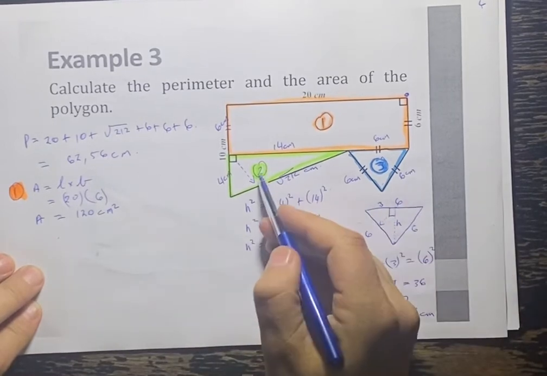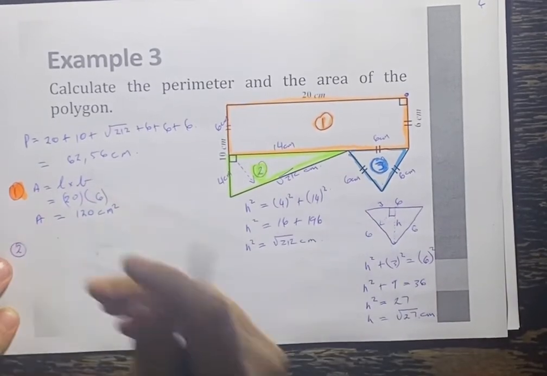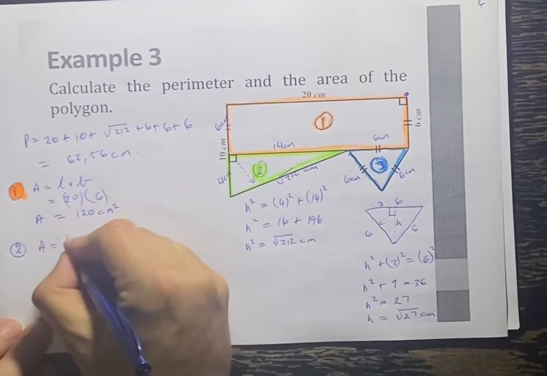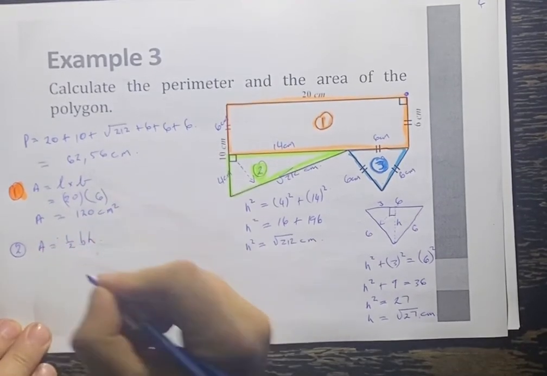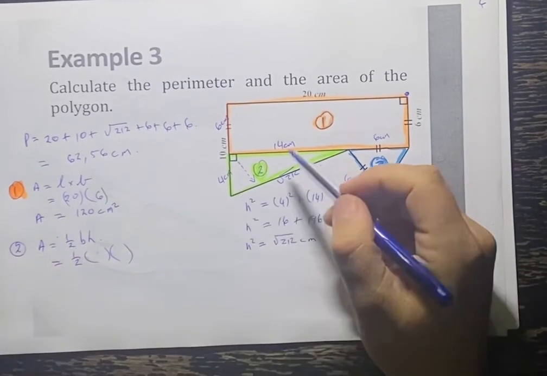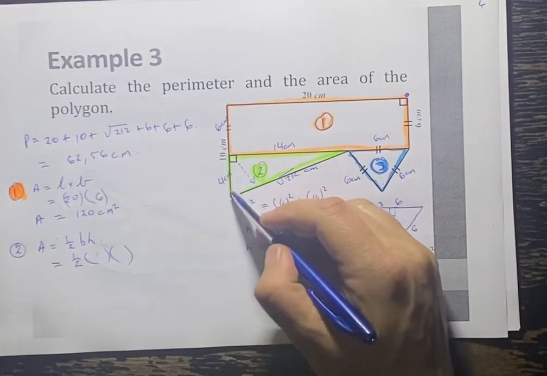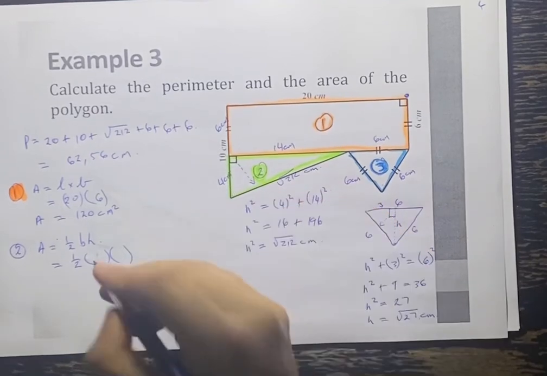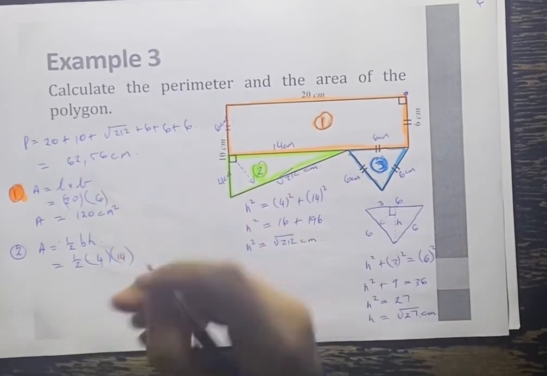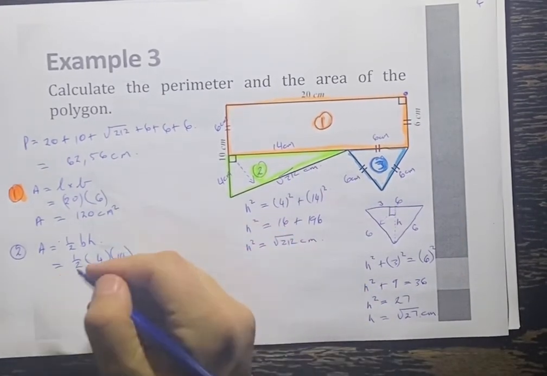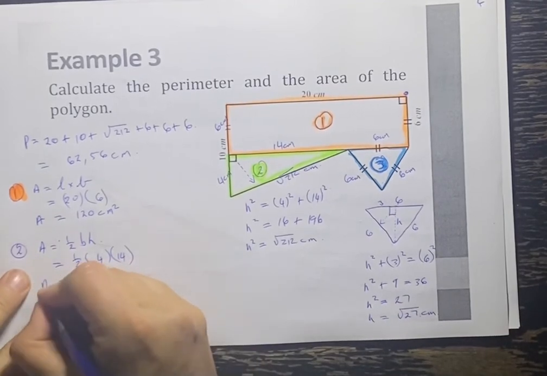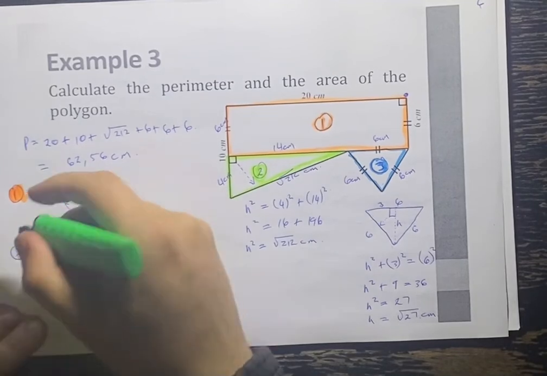I'm now going to work out the area for shape 2, and because it's a triangle, we have to use the formula A is equal to a half base times height. So half. Now remember, your base and your height must be perpendicular, so let's choose this one to be the base because there's the 90. So that's 4 times, and our height can be 14. So we get 28 centimeters squared, and that is the area for shape 2.